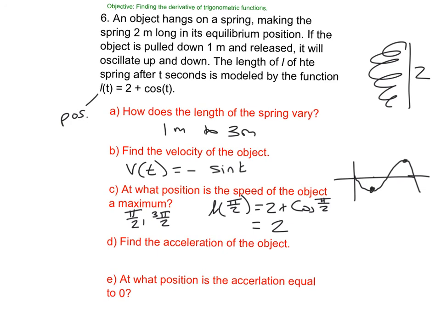Find the acceleration. So acceleration is the derivative of velocity. So negative cosine. At what position is the acceleration equal to 0? So start with acceleration equal to 0. When is cosine equal to 0? Cosine equals 0 at pi over 2, just like before. Pi over 2, 3 pi over 2.